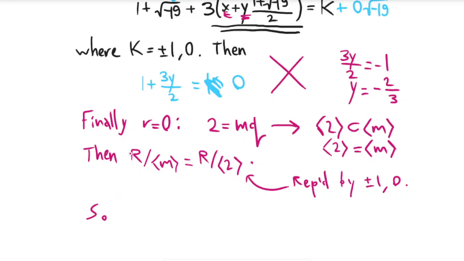So now we want to do a similar trick. Remember, before we took 1 plus root negative 19, and we argued that that was congruent modulo the ideal generated by 3 to something.